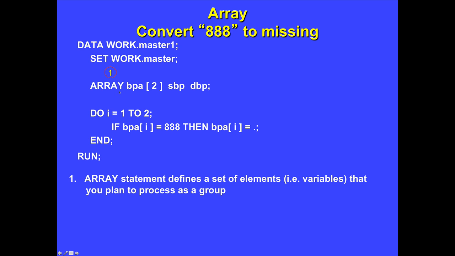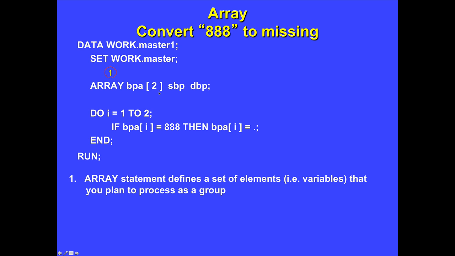You have to type it in just like this, although it's not case sensitive, so it could be uppercase or lowercase. Following that, we're specifying the name of the array, and I'm going to call this array BPA, which is short for my own memory for blood pressure array. But this is a user-defined array, and you can give it essentially any name you like.